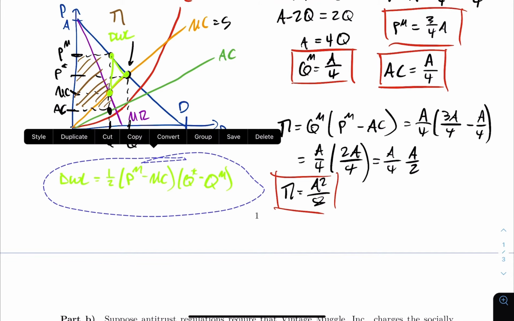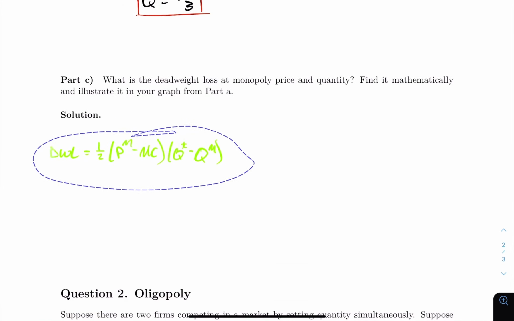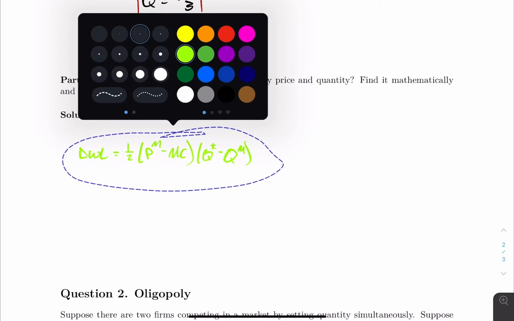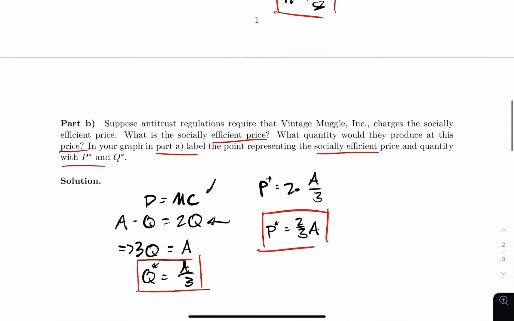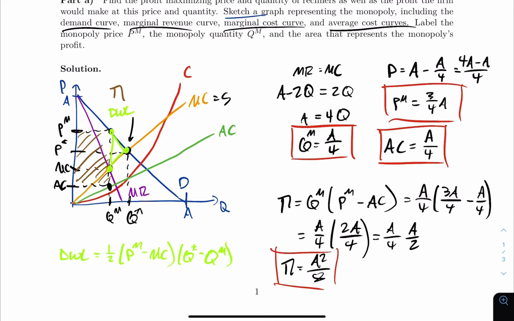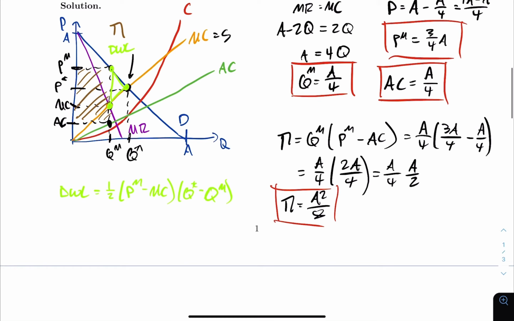Okay, so let's copy this. We have all these numbers, so all we have to do here is plug them in. The nice thing here, just as a note, is that we could use an integral, but because the marginal cost curve and the demand curve are linear, we can just use our equation for a triangle.